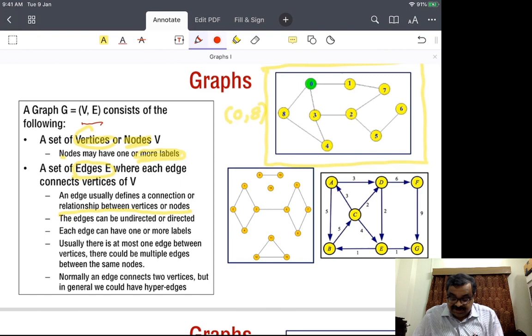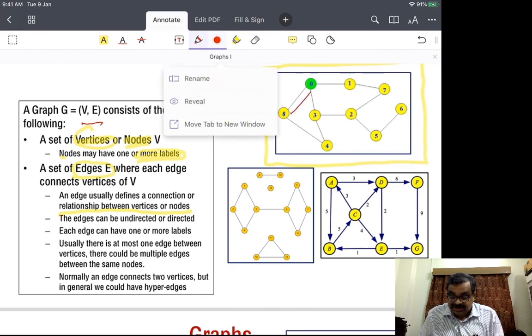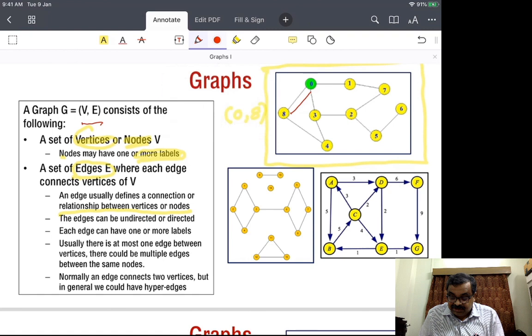So this edge is called the edge e_i, and e_i is 0, 8. Being an undirected graph, this edge can also be called 8, 0. So it is just a relationship between two vertices.